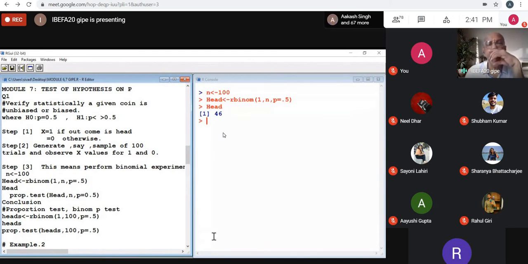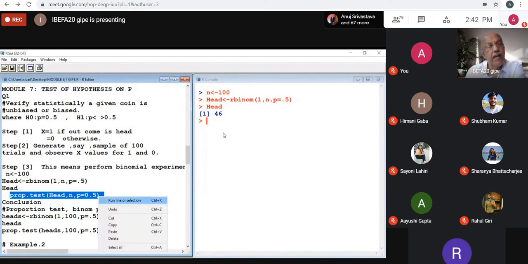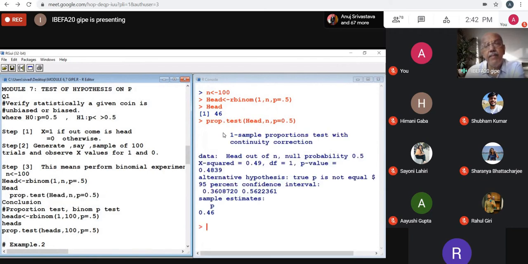How many times I am getting head when I toss 100 times? On my screen, 46. Verify proportion test or conclusion. What is the p-value? 0.4839 greater than 0.05. Accept H0.